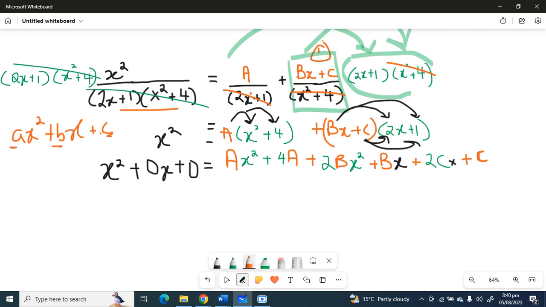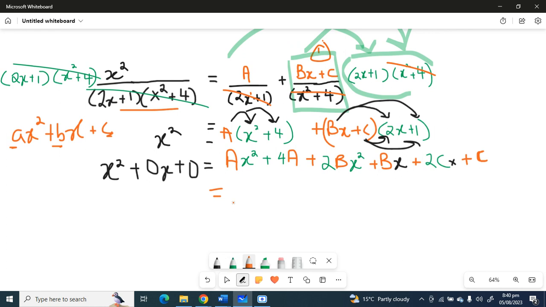All right. So the first thing that we need to do is arrange this expression. The x squared, we bring them together. The x's, we bring them together. Then the constants, they stay by themselves. So we're going to write it like this.